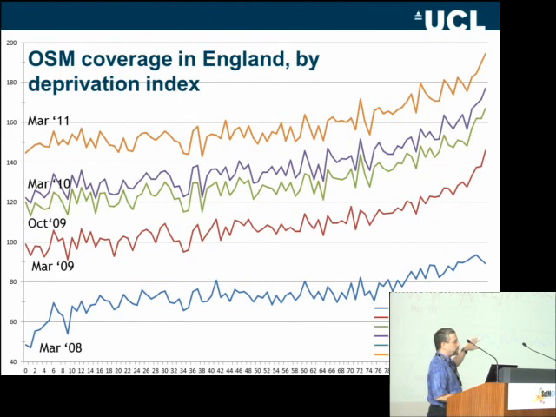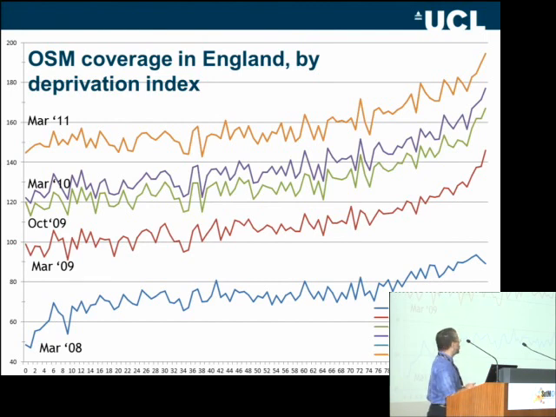This one is without looking at attributes, so just looking at the ways and places that people digitize lines. You can see at the beginning this gap between rich and poor places, and you can see that it remains throughout the period. So you can say that the line is going up, but the gap remains.